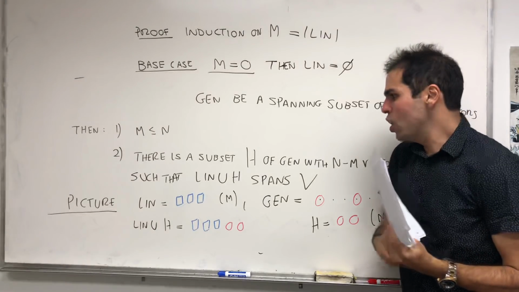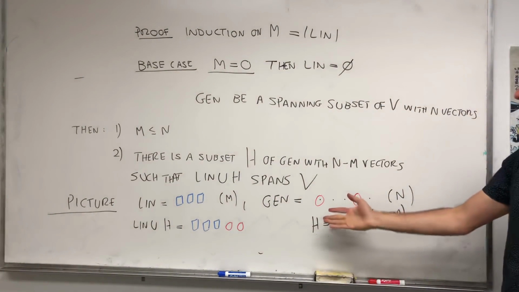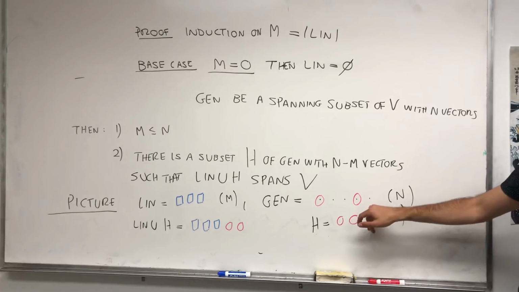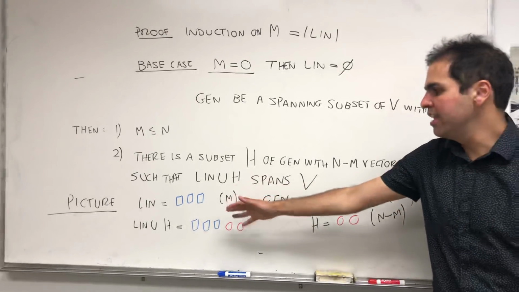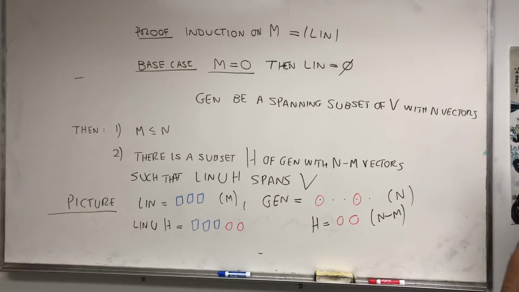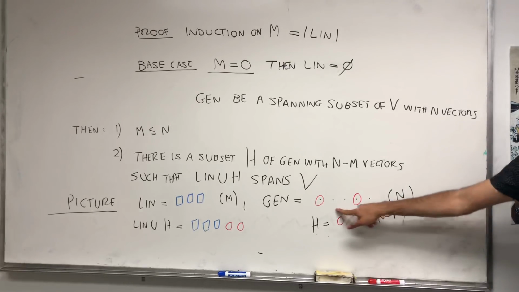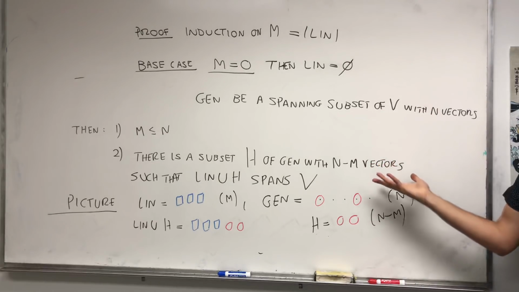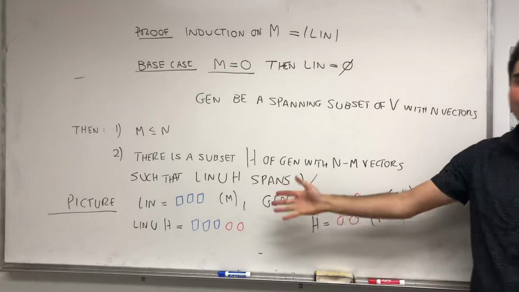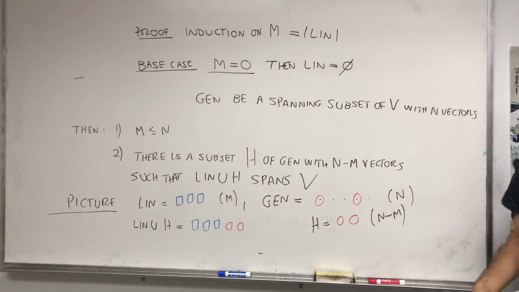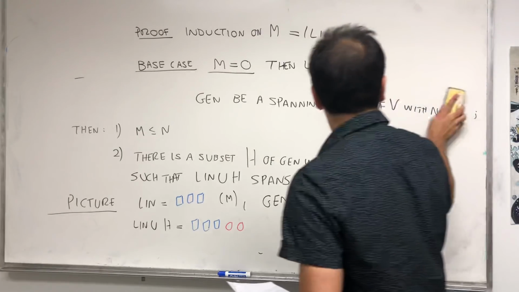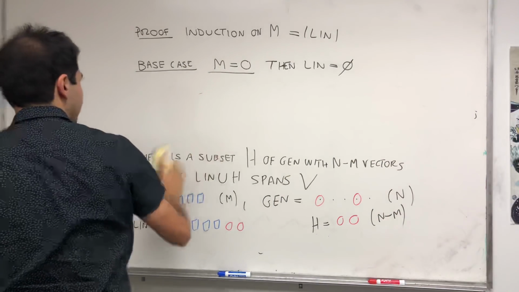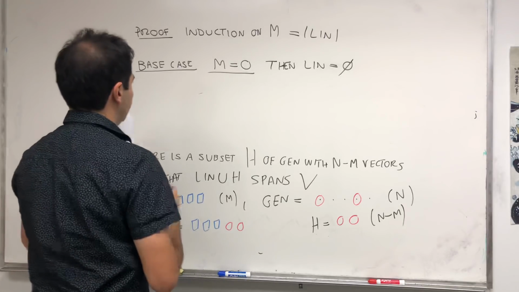Suppose we have no elements in lin, then the question is, can we add 5 elements of gen to lin to still get a spanning set? Well, yes, just choose that set to be gen. Gen has 5 elements, that's what we want, and the union, which is still gen, just spans the space.